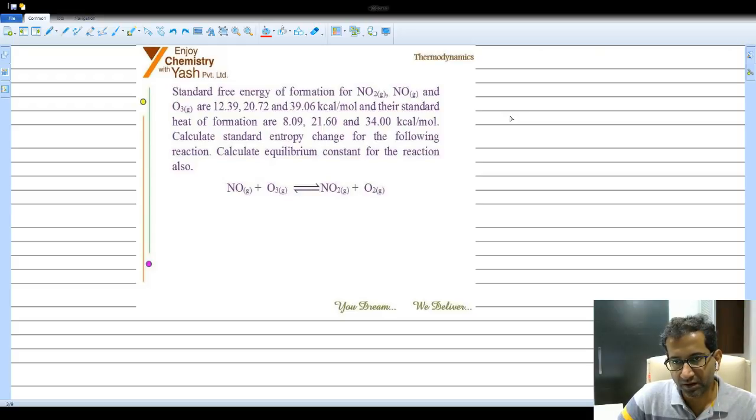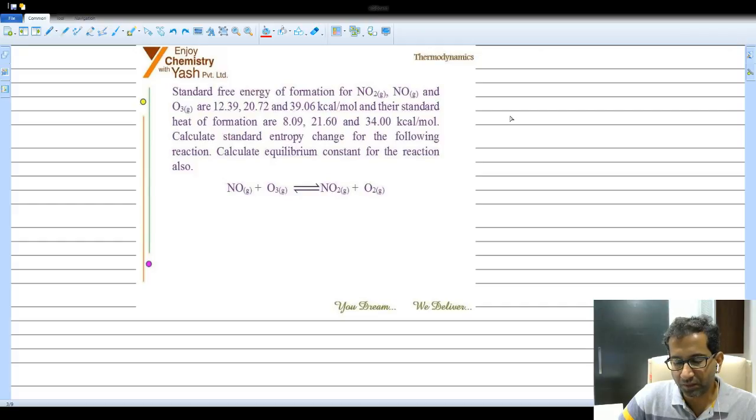And their standard heat of formation are 8.09, 21.60, and 34.00 kilocalorie per mole. Calculate the standard entropy change for the following reaction.